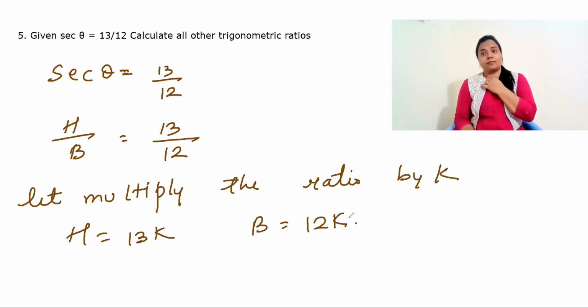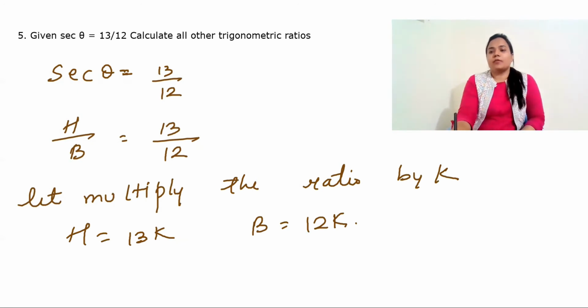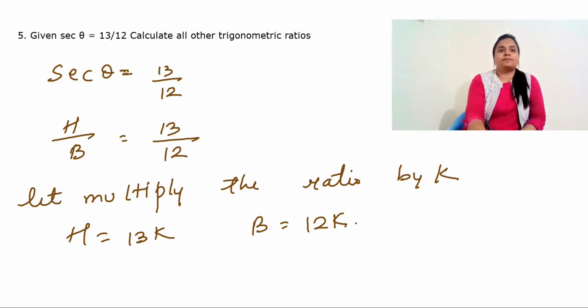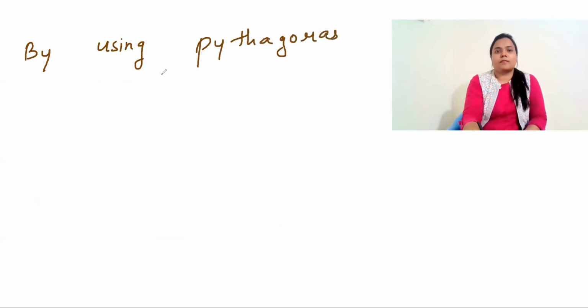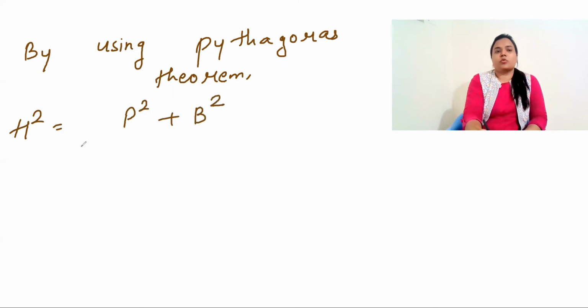What we have to find? P. And how do we find it? By using Pythagoras theorem. H square is equal to P square plus B square.